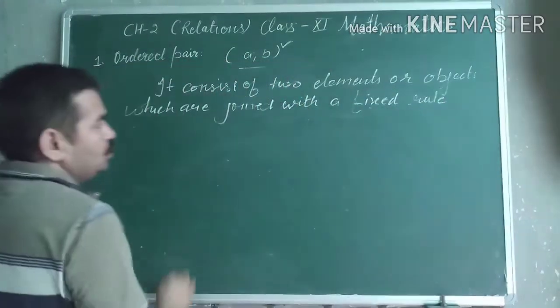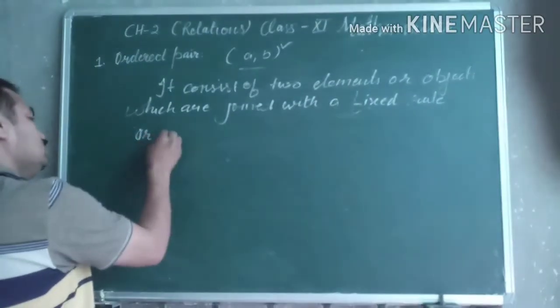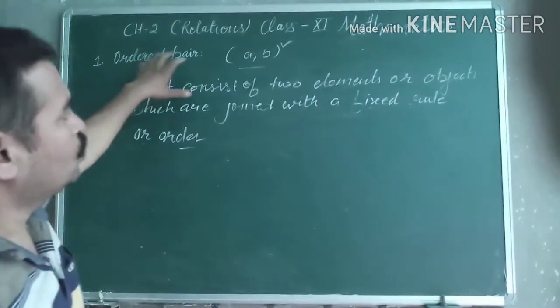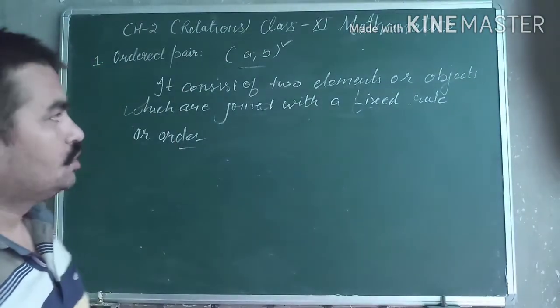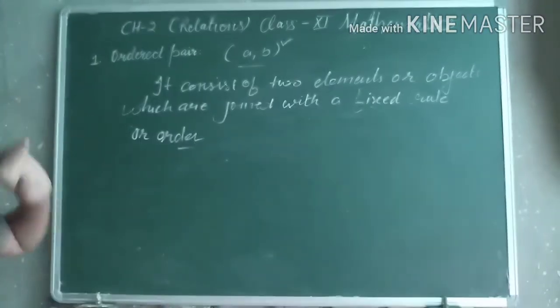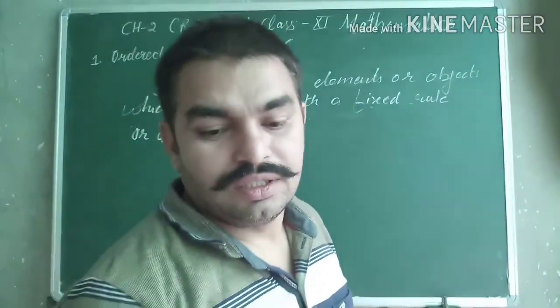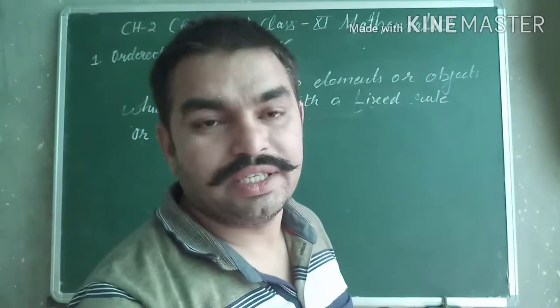You can say rule or order. So this is called the ordered pair. I hope you understood this.